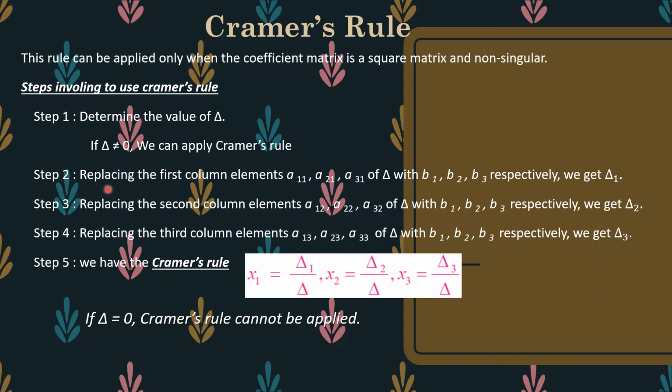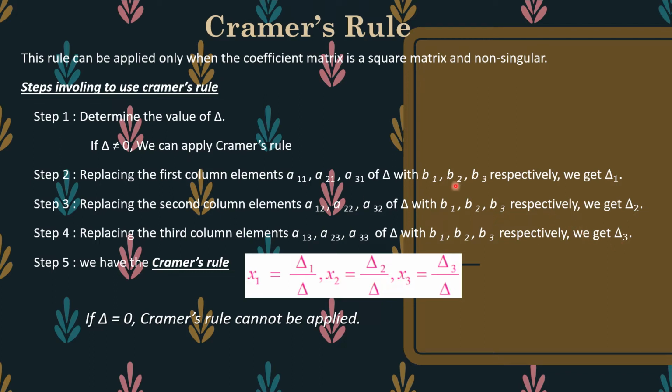In that, replacing the first column elements of delta with the constant values, that is the B matrix elements, we get delta 1. In step 3, replacing the second column elements with the constant values, we get delta 2. In step 4, replacing the third column elements with the constant values, we get delta 3.